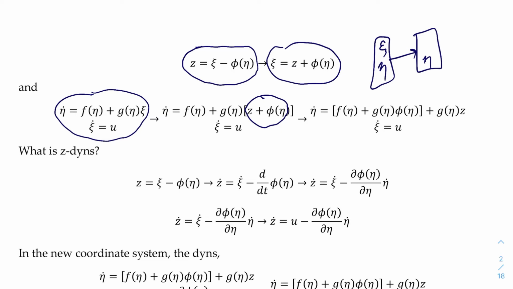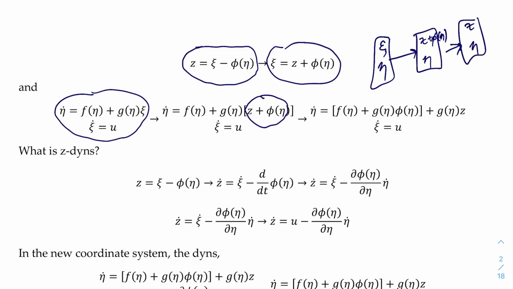All right. And xi goes to not z but z plus phi of eta. And at the end, we have z and eta.